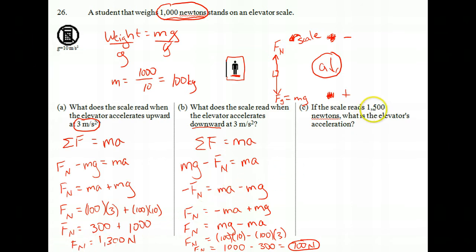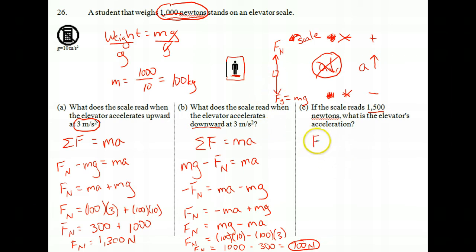So as we look at this, you know that this 1,500 is greater than 1,000, so then we can say the direction of acceleration is going to be upwards. So that means up is positive, down's negative there. Okay. We still are going to have the same diagram.